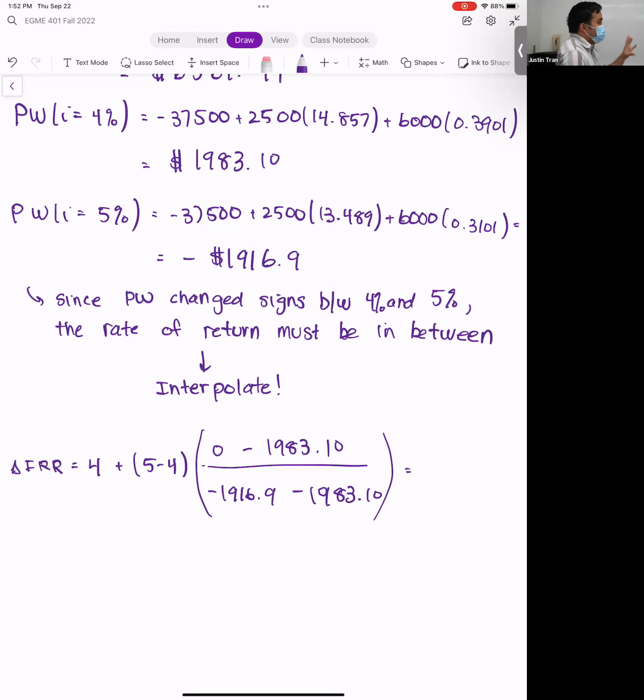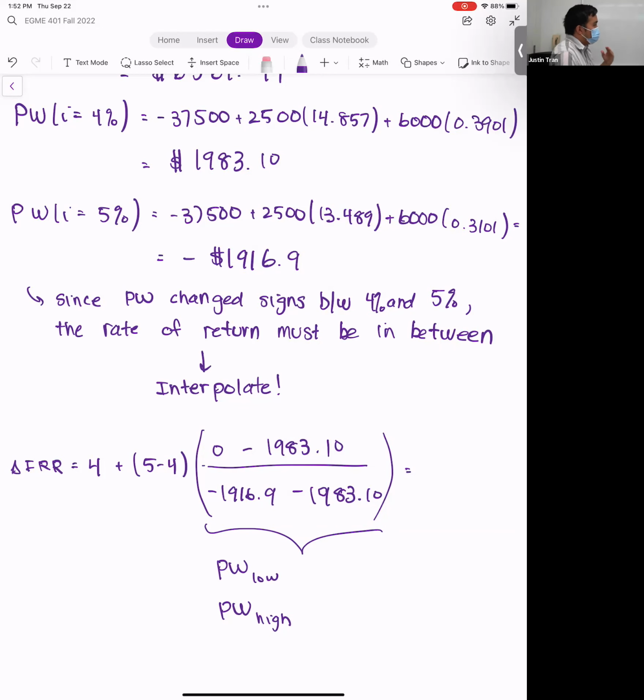All I did was, at the end of lecture on Tuesday, we had our equation for the interpolation, and I just plugged in for those. Remember to be careful when plugging into the parentheses here. In the formula you have PW low and PW high, but this does not refer to whichever present worth is lower or higher.